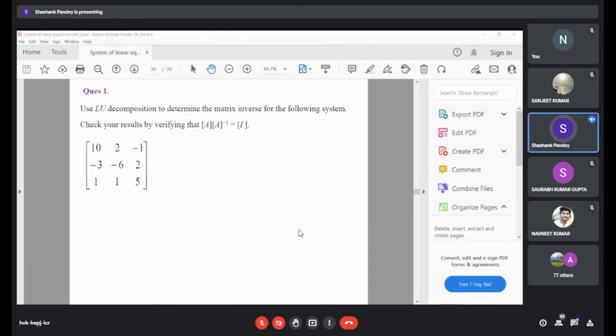So how should we proceed? What should be our first step? Ten by three, yes, and subtracting. Okay, so this will be our factor. Which factor?